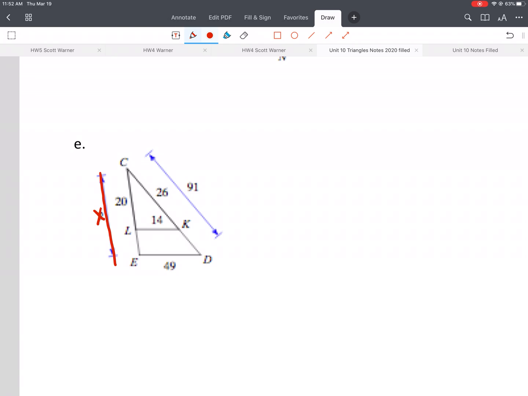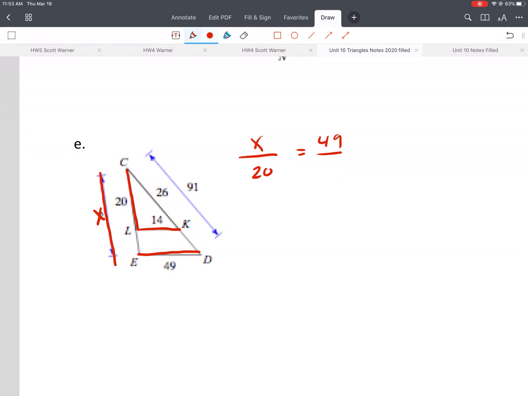Okay, so x and its corresponding side would be 20 is equal to, and they give us enough information that you could choose which other side of the triangle you want. So you could do big triangle over small, so 49 over 14. Okay, you could have used big triangle over small if you wanted to, again.